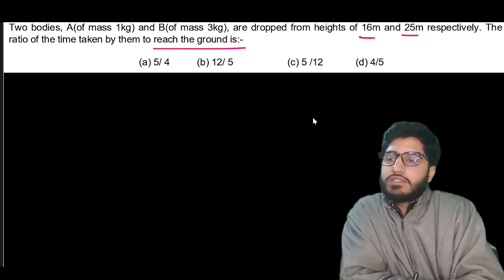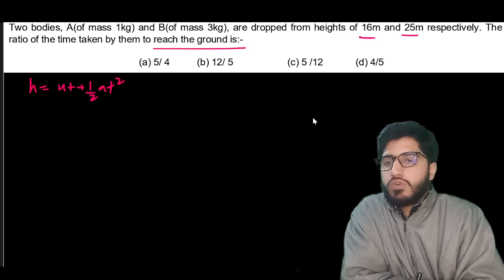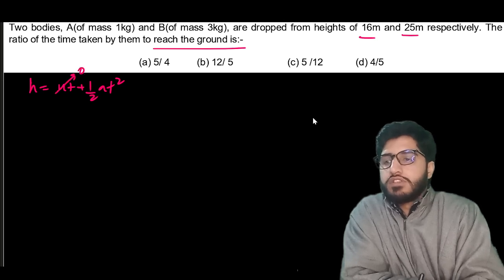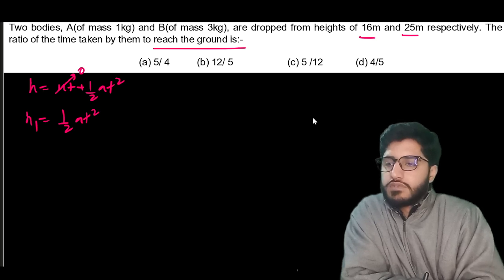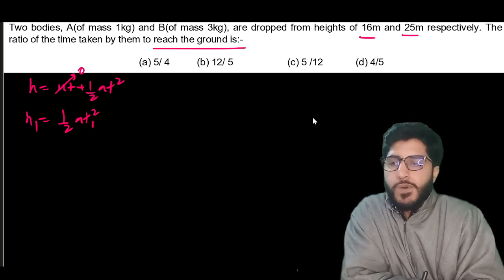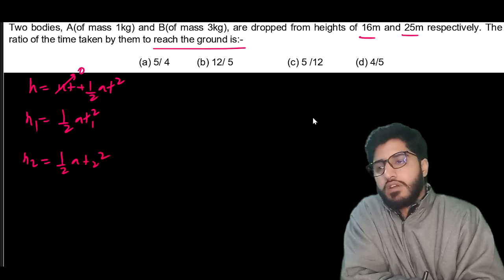What is the equation? h equals ut plus 1/2 at square. Drop means u is 0, so h is equal to 1 by 2 at square. H1 equals 1 by 2 a T1 square, and H2 equals 1 by 2 a T2 square.